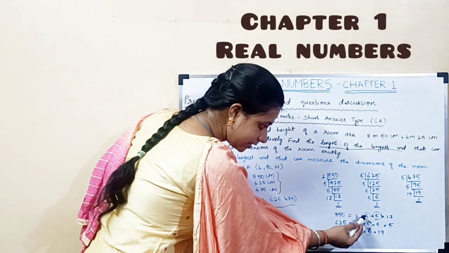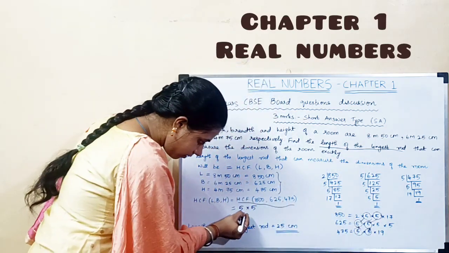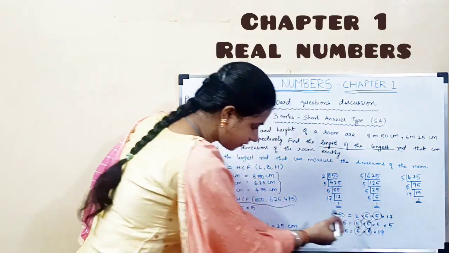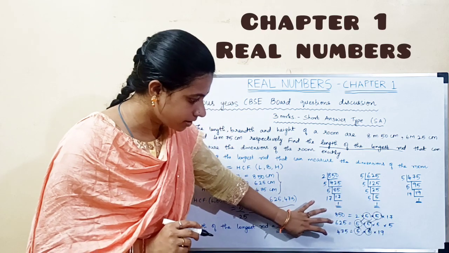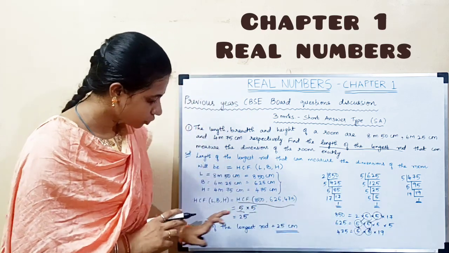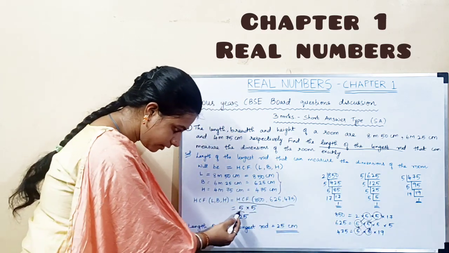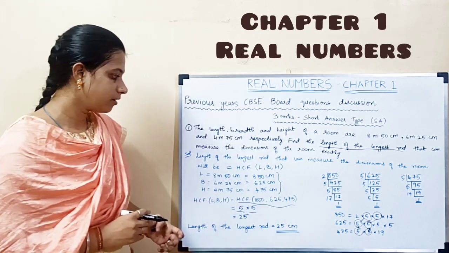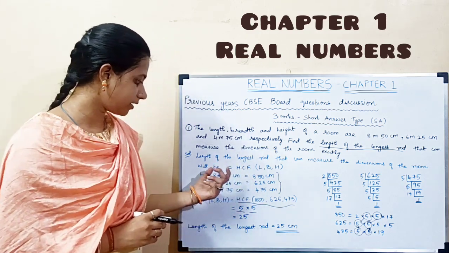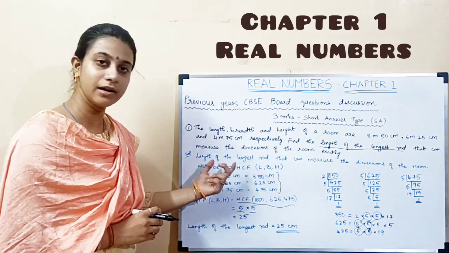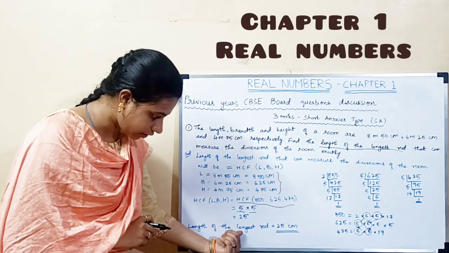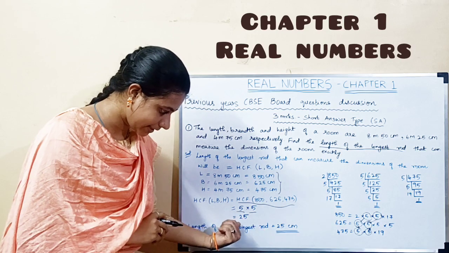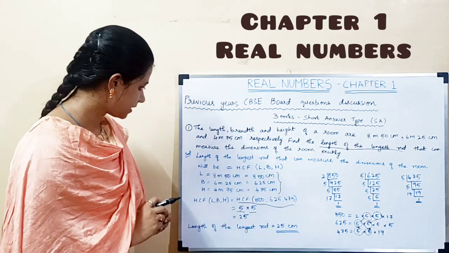So in this set we will take one 5, and from the other set we will take another 5. There are no other factors common to all 3 of them. So we will find HCF as 5 into 5, 25. In the beginning itself we saw that the longest rod length will be equal to the HCF of the dimensions. So the length of the longest rod would be the HCF, that is 25 centimeter.